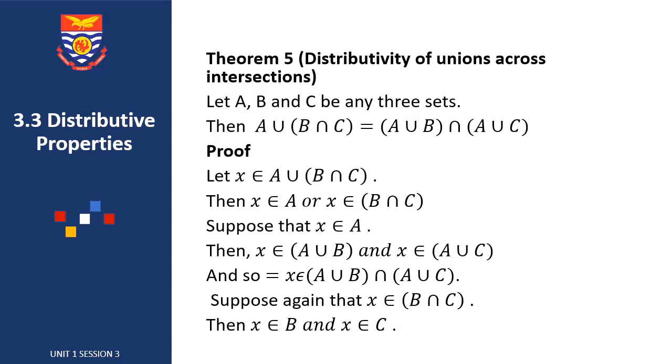Suppose again that x is a member of B ∩ C. Then x can be found in B and x can be found in C. So the concluding part of this proof is in the next slide.